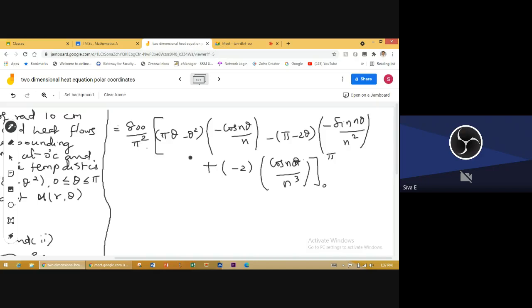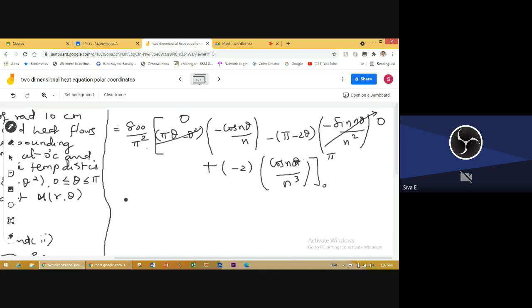If you are substituting 0 to pi, what happened? Theta equal to pi means pi square minus pi square, and then even substituting 0 also, that is 0. So first time it's 0. In that interval of 0 to pi, automatically the sine term is 0. So only remaining minus 2 cos n theta by n cube is there.